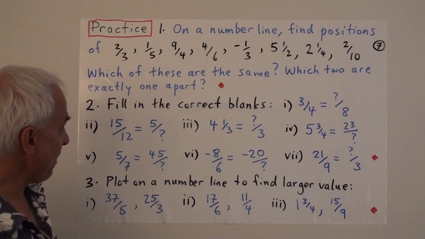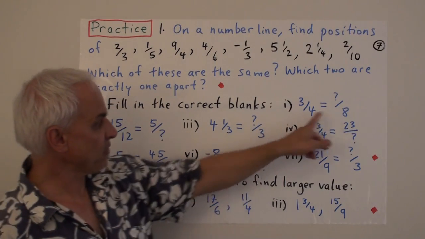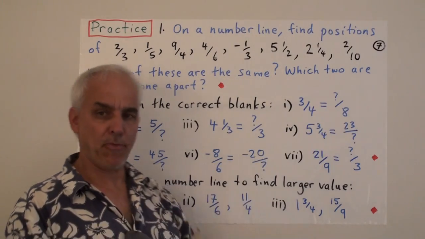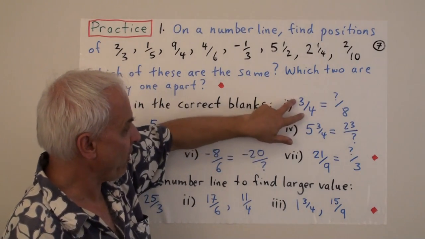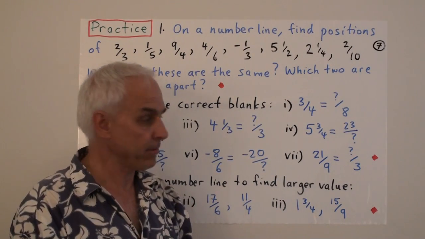Okay, in question 2 we have various equations, and you have to fill in the blanks. So I'm going to do the first one for you. So 3/4 equals something over 8. What is the something? Well, how do we get an equal or equivalent fraction? We have to multiply top and bottom by the same number.